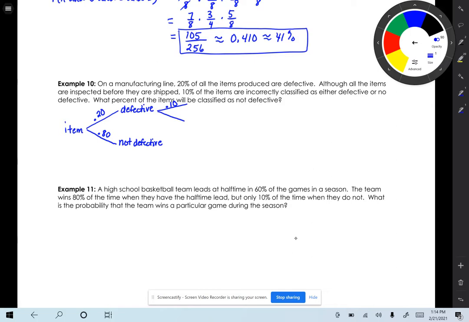Defective is how they were classified, so this would be not defective. And the remaining, remember, there's 100%, so 90% or 0.90 would be defective, correctly classified. For the next one, if it's not defective, 10% would be defective because incorrectly classified. 90% would be correctly classified as being not defective.